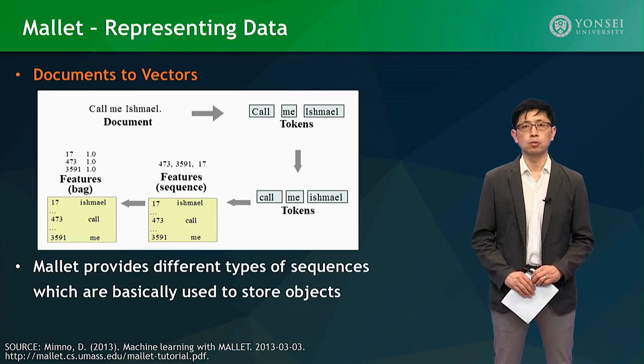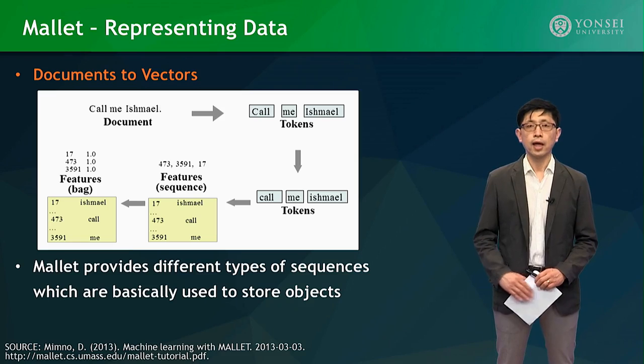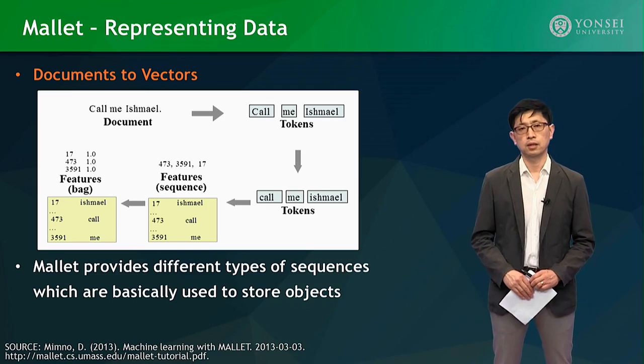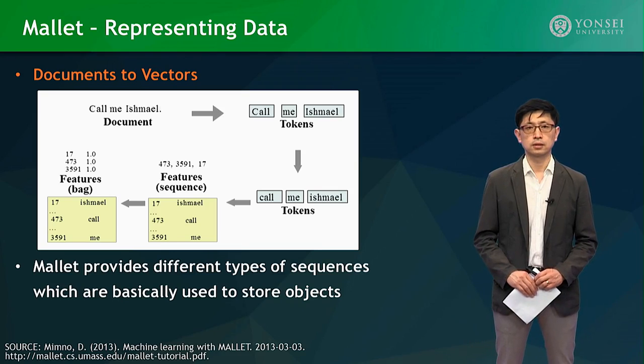Now, let me give you more explanation of how Mallet transforms documents to vectors. As shown in the figure, there is a very simple document that contains "Call me Ishmael." This document is fed into Mallet, and Mallet tokenizes it into tokens and makes it lowercase.